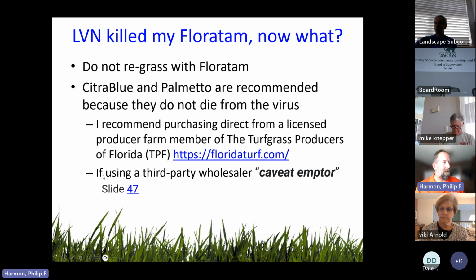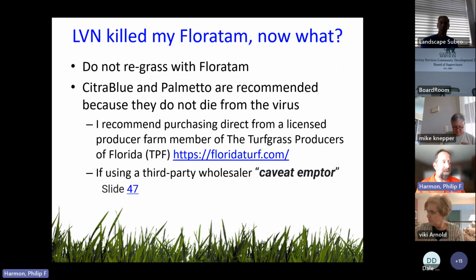And so, the problems that have arisen when third-party wholesalers have been involved, and mistakes have been made where Floratam was sold but was labeled as Citra Blue in a couple of different cases that I could go through in slide 47 if we have time later. And so, caveat emptor, the buyer beware. If you use a third-party wholesaler, ask them for assurance that what you're getting is not Floratam.